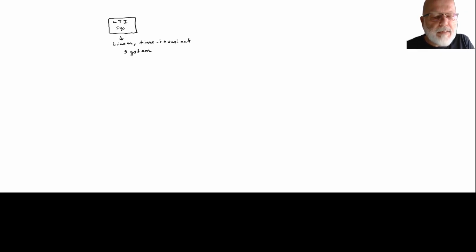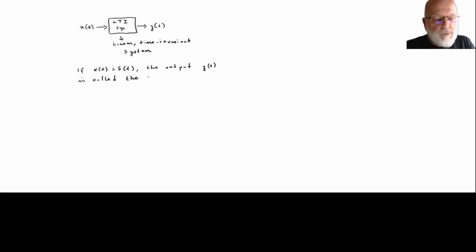So we have an LTI system, and the input of our system is x of t, and the output is y of t. Now, if x of t is equal to an impulse, unit impulse, delta of t, the output signal y of t is called the impulse response.